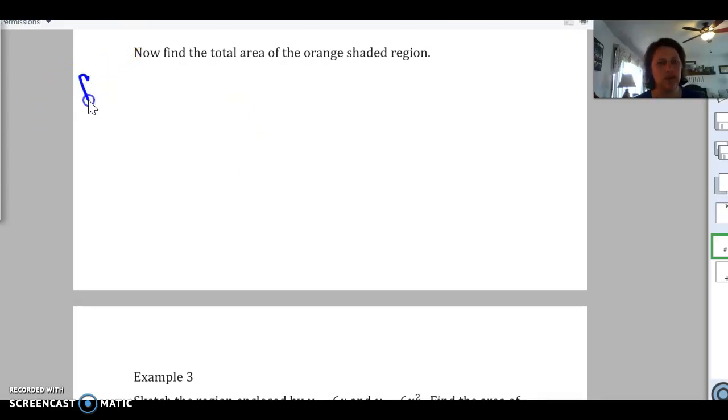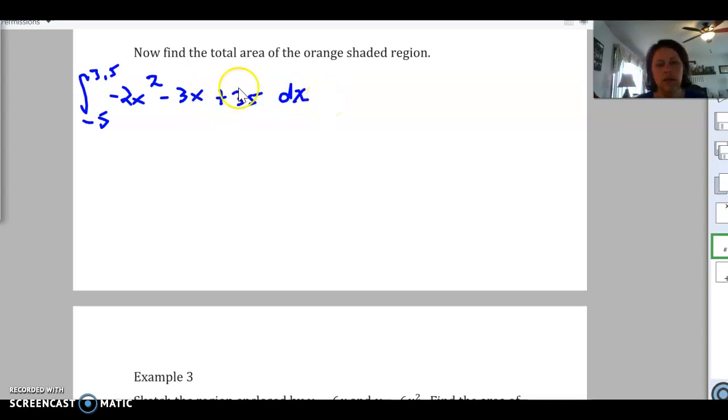So we need to find the integral between the 2 points that we found, which was from negative 5 to 3.5, and then we're going to integrate the height of each x box that we found. So that equation was negative 2x squared minus 3x plus 35, and then we have a dx here.